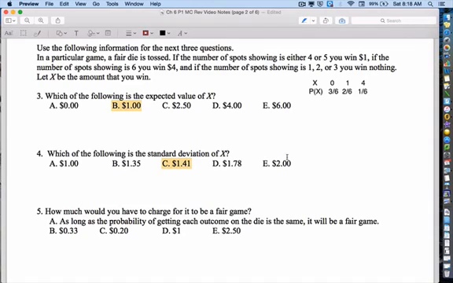Well, with a fair game, we would want an expected value of 0. So we would have to think about if we subtracted the cost of playing, what would that do to my overall profit? I would want the profit to be 0. Well, if my expected winnings is $1, and then I charge $1, that would give me an expected profit of 0. So we would want to charge $1 to make this a fair game.